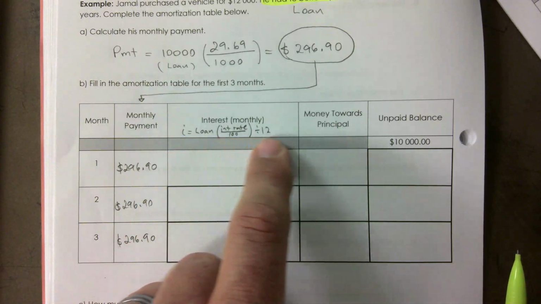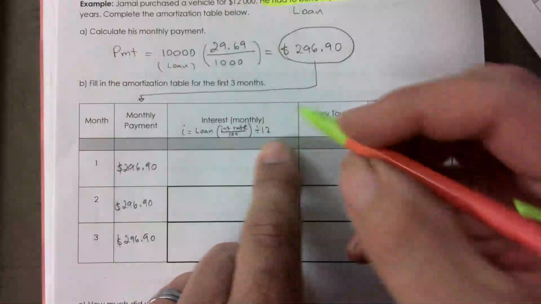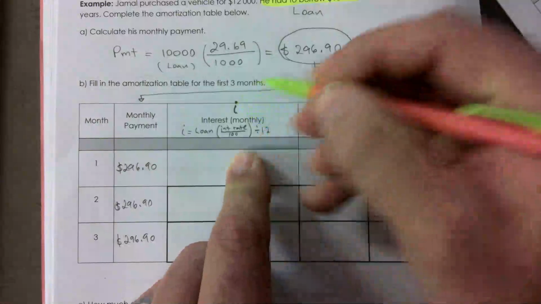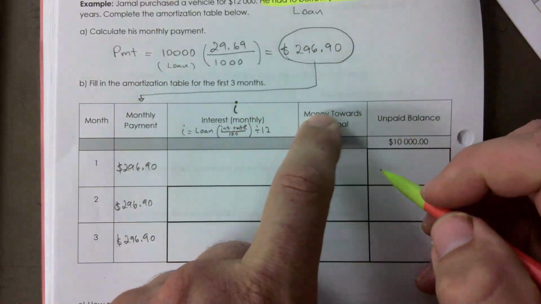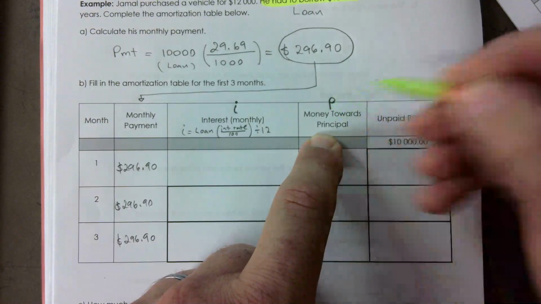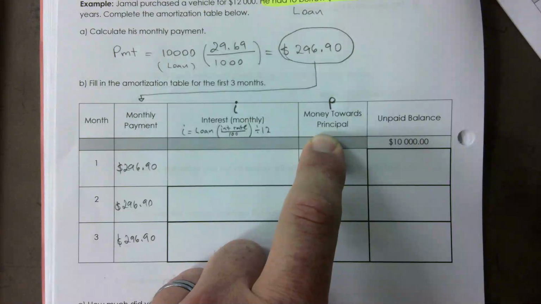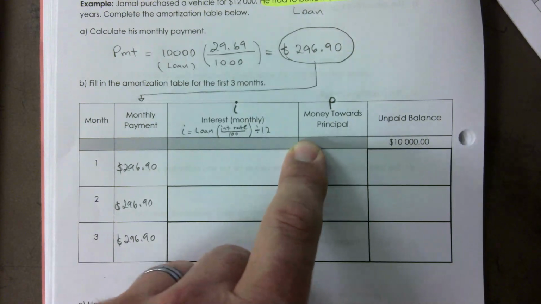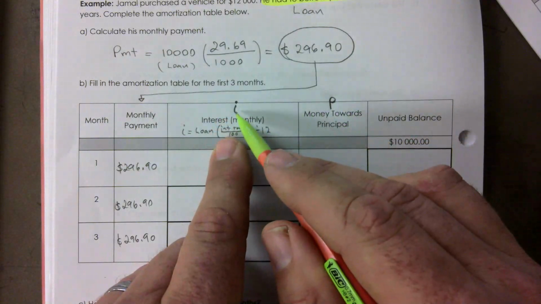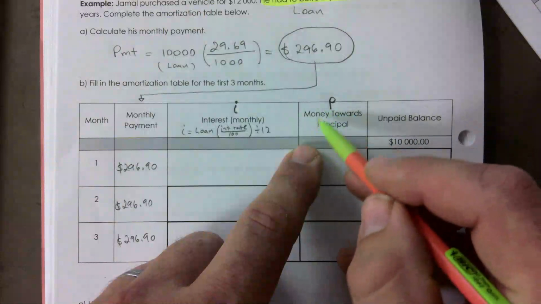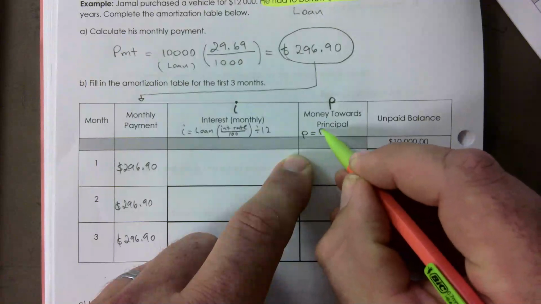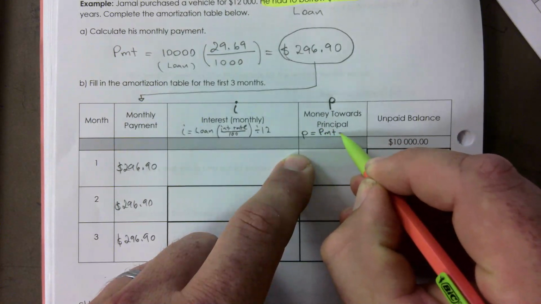And then this one here, I want to make a big cap, like a lowercase i, but nice and big so it sticks out here. Money towards principal is the lowercase p. How do you find lowercase p once you have i? This is the amount of principal the first month. We go p is the payment minus i.